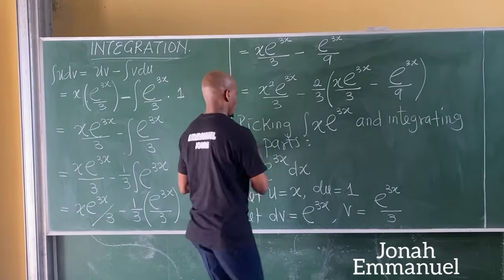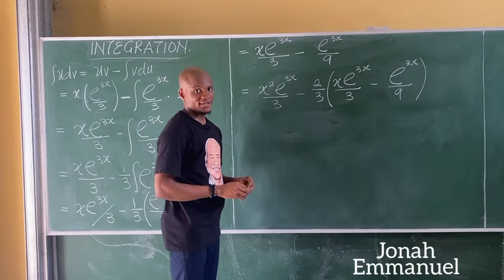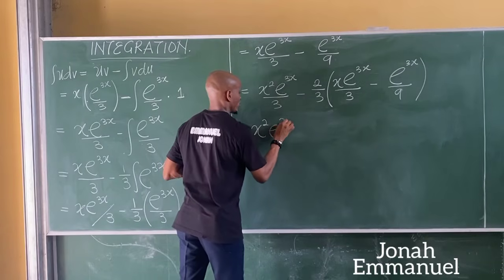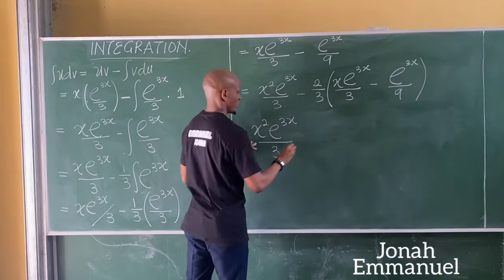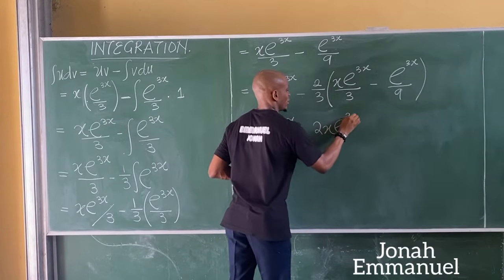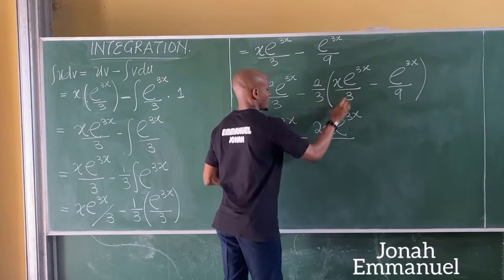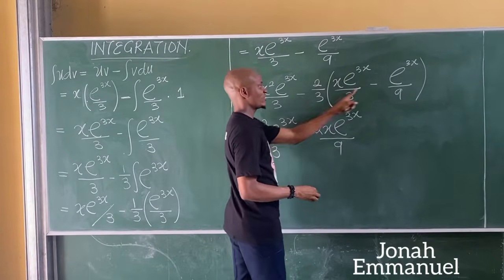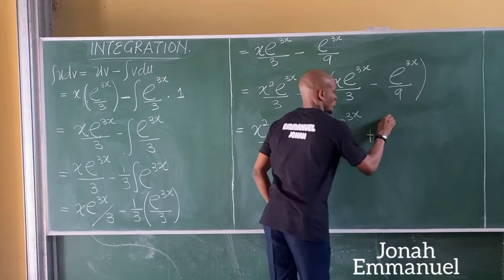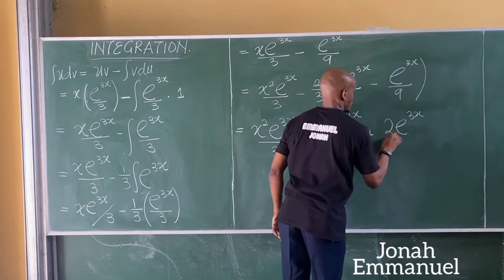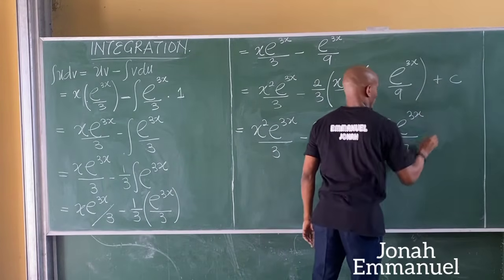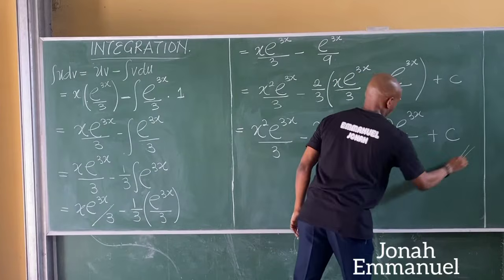So if I expand this, this is now equal to x squared exponential 3x all over 3 minus 2 over 3 times this gives you 2x exponential 3x all over 3 times 3 gives 9. Next one, minus times minus gives plus, 2 times exponential 3x gives 2 exponential 3x all over 3 times 9 gives 27, of course, plus c, which is the constant of integration.